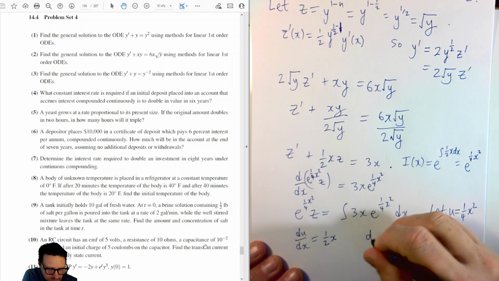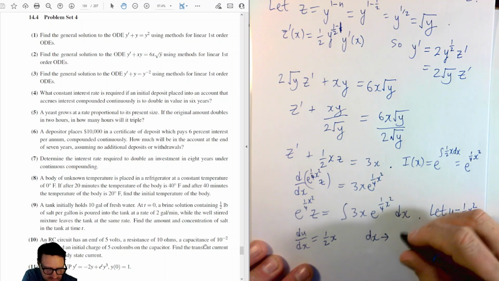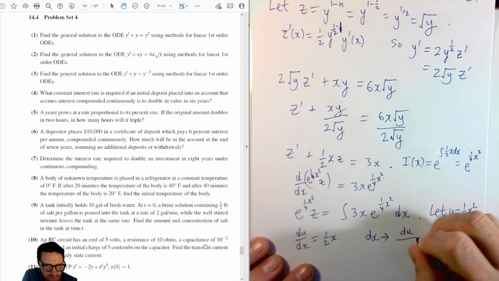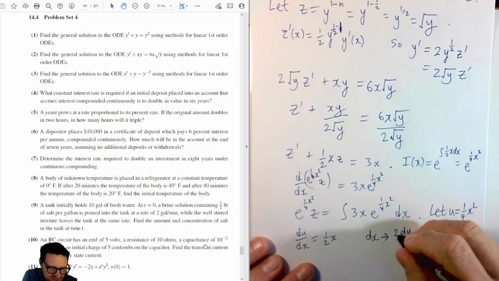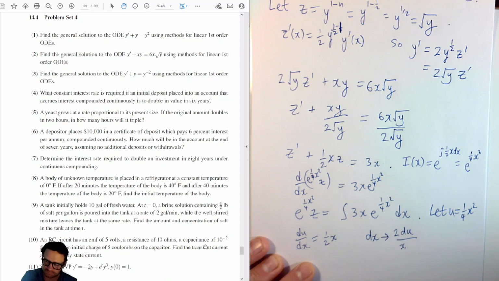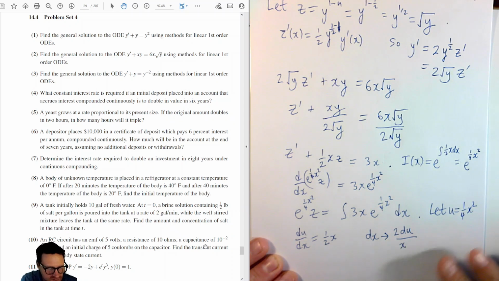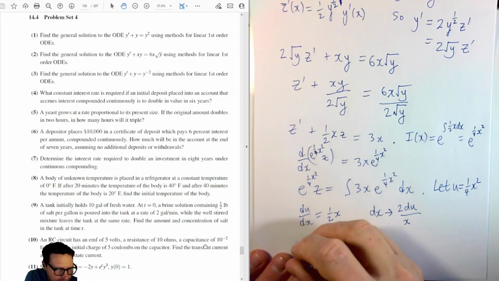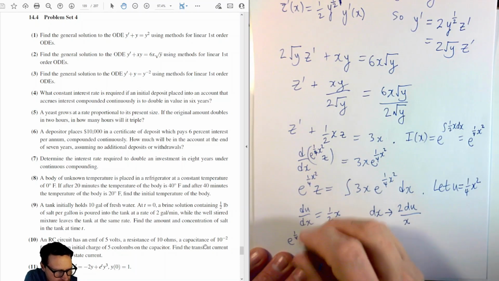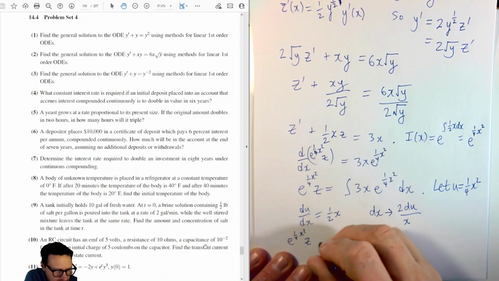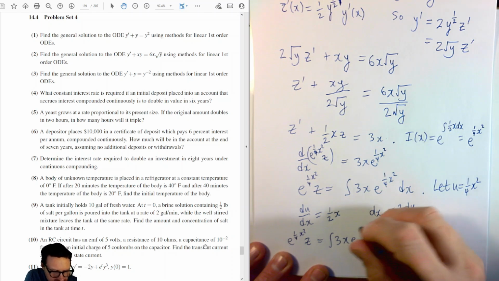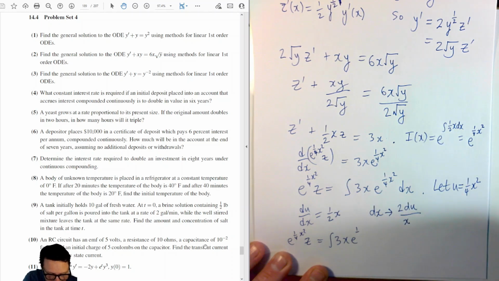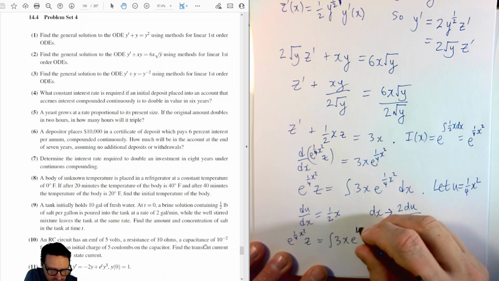What we have then is we're going to replace dx with du over 1/2 x, but that becomes 2 over x du. Okay, so now our integral is equal to 3x e to the 1/4 x squared, but that's e to the u.